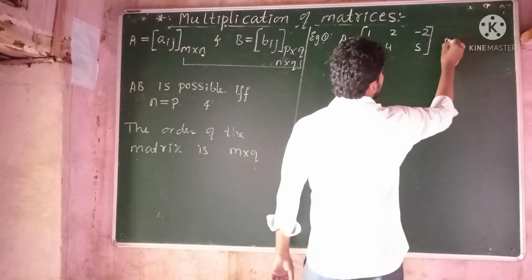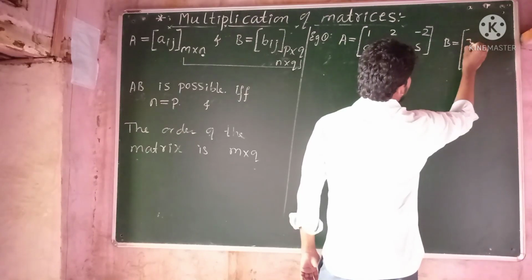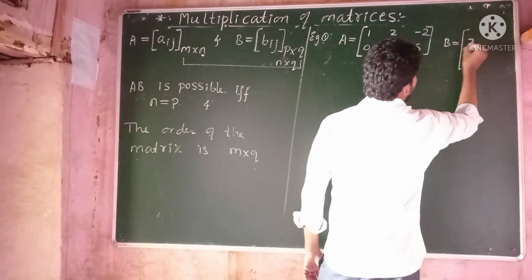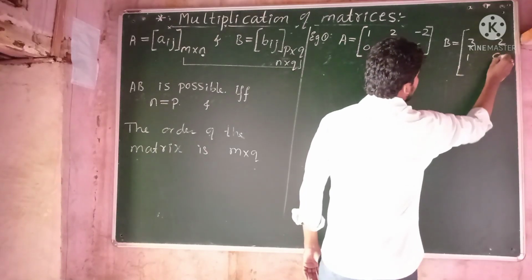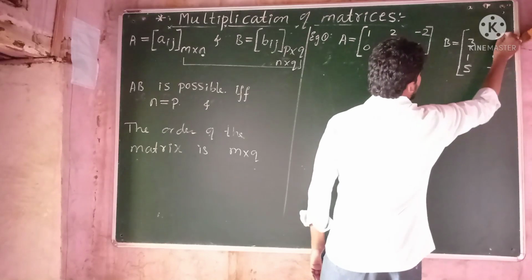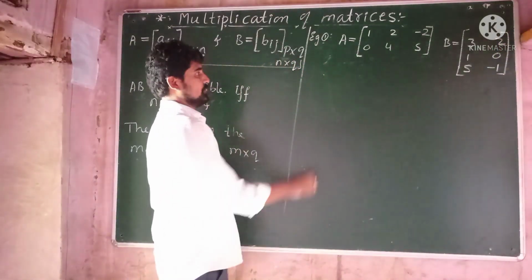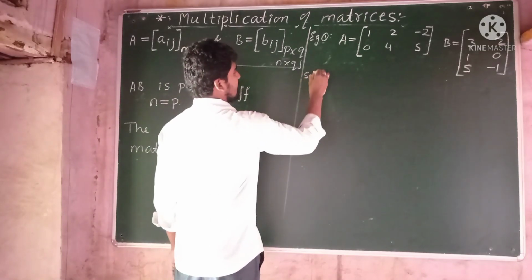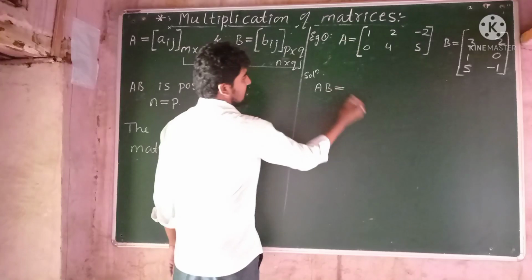And B is another matrix whose elements are 3, 2, 1, 0, 5, -1. Then find the matrix AB.